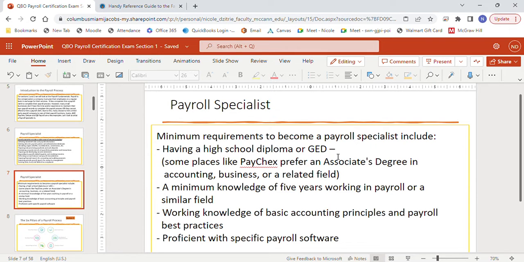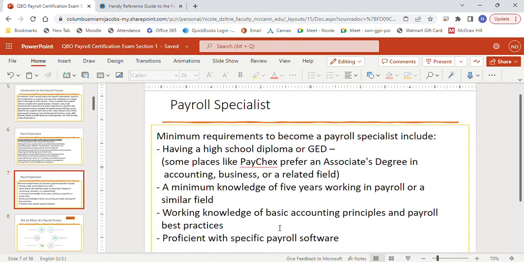You had to get trained at the company you were working in. You need to have a minimum knowledge of 5 years working in payroll or a similar field. So again, you might be working for a company, they brought you into the payroll department, you've been a clerk or an assistant, and after a while they decided, okay, we're going to promote you, and then they train you to become a payroll specialist. Again, you could just have your high school diploma, you just gained the knowledge from your job.